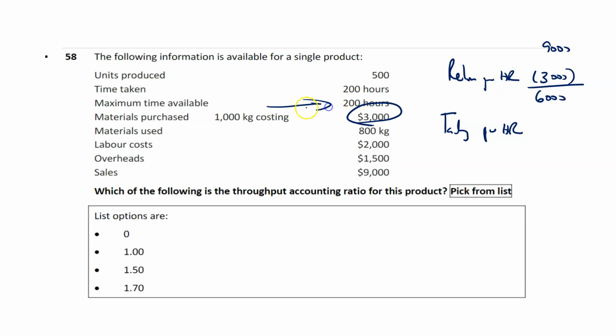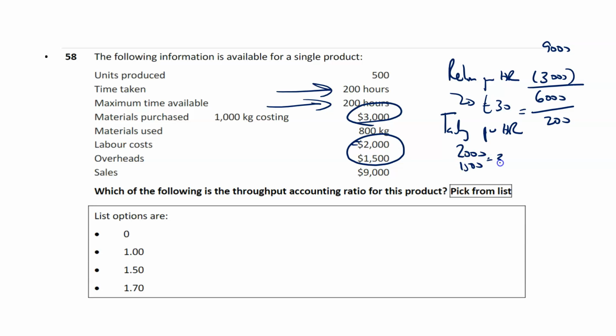Time: maximum time available nicely matches time taken, so you have used up all that time. Therefore you have 6,000 divided by 200, which gives 30 pounds. Your return per hour is £30 per hour. Your factory costs, we can see here, are your labor costs and your overheads, which are 2,000. Remember, labor costs are now considered to be a fixed cost.